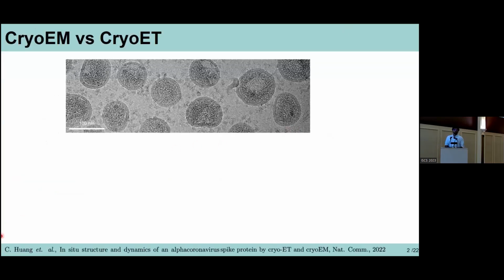So I think many of you in the audience know what cryo-EM is. Cryo-ET is an equally important problem, but on a much larger scale. Here is an example of a cryo-EM projection of coronavirus cells.